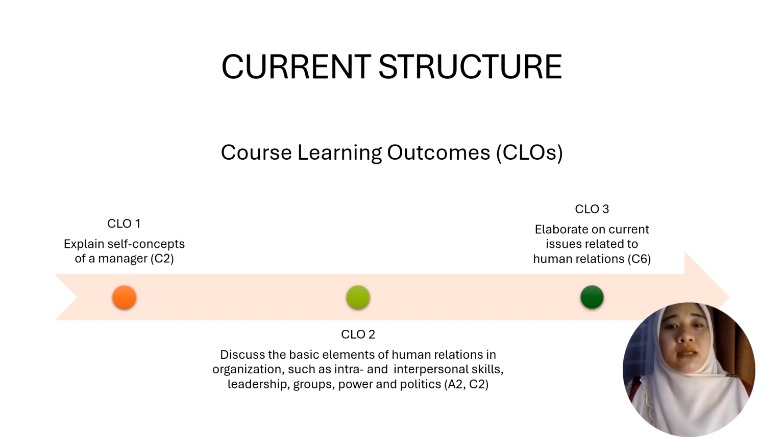CLO 1 has the T2 domain, which applies to the knowledge and stronger foundations for the students. Meanwhile, CLO 2 adds another dimension, which is A2, where students can apply and respond to phenomena. And last but not least, CLO 3 is the 6C domain, which is for much higher order thinking, when students can create things in the course.